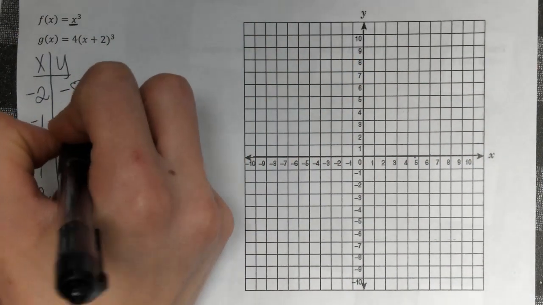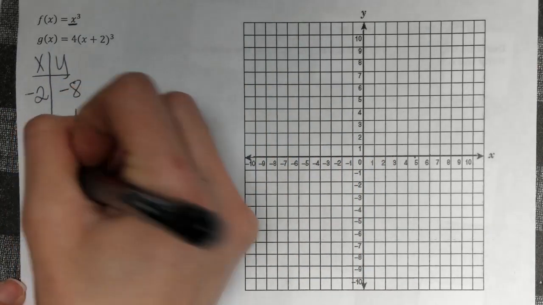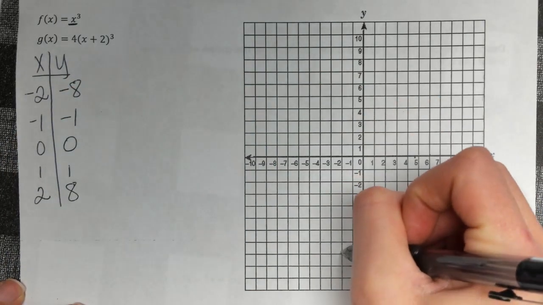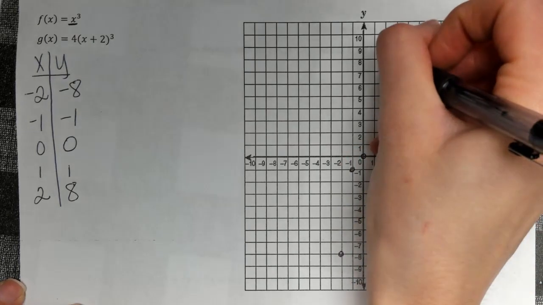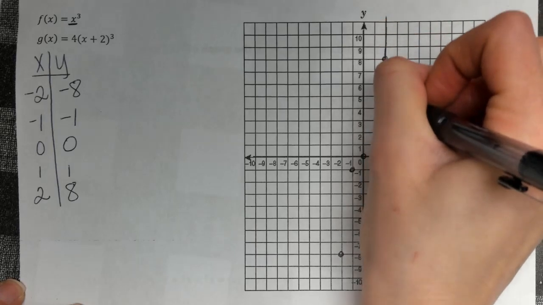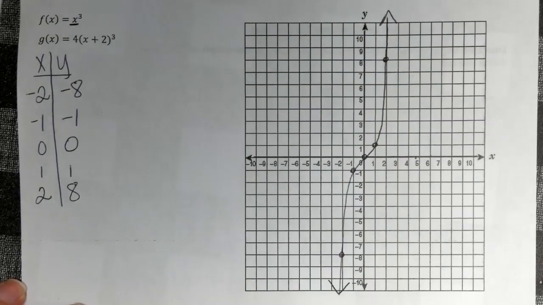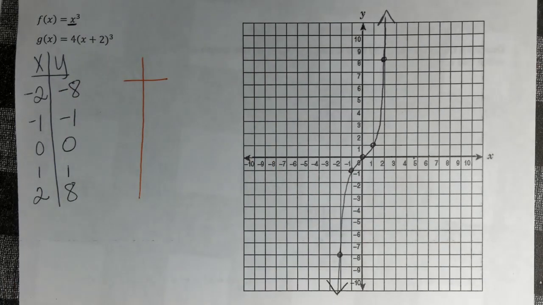Negative 1 cubed is negative 1. 0 is 0. 1 cubed is 1. 2 cubed is a positive 8. Okay, and once you graph that, look at your new function.